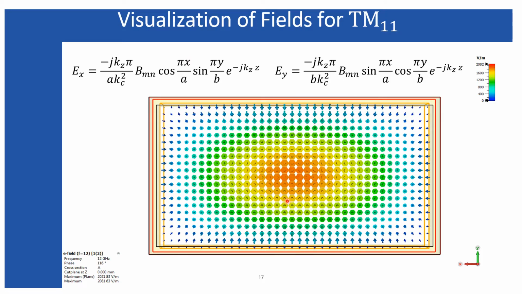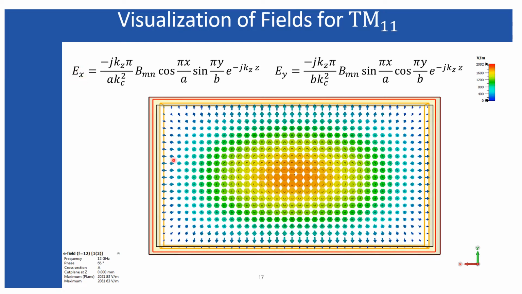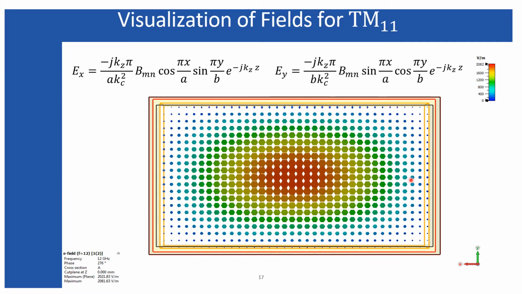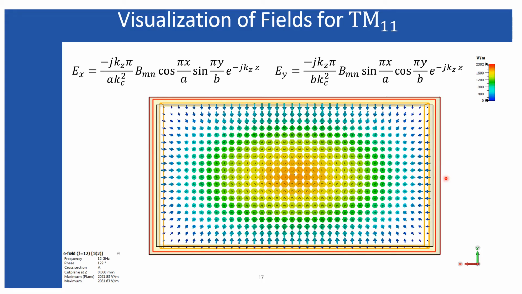These directions are mainly perpendicular to x, because I am considering the ex component. So the ex component should be perpendicular to the x direction. That is why these arrows are either perpendicular or along these directions.